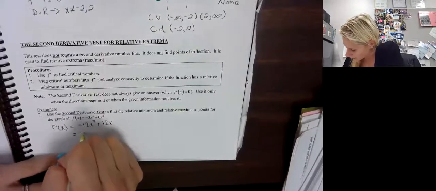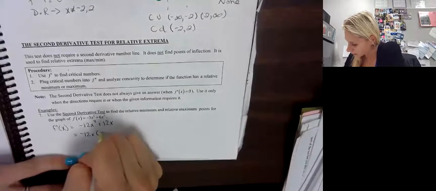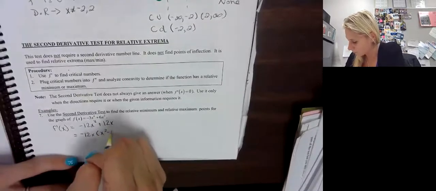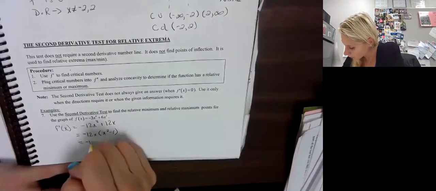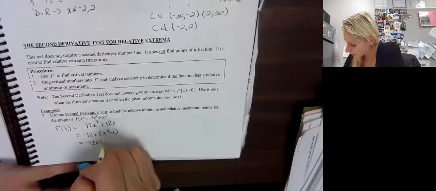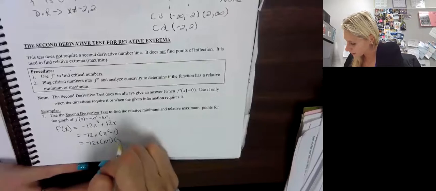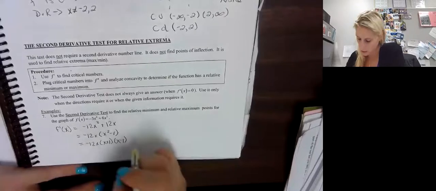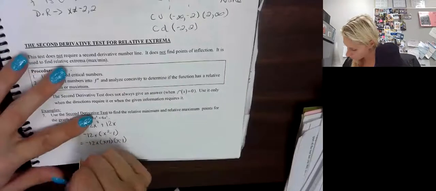So if I take out a -12x, I'm left with x squared minus 1. Don't stop there, because that's the difference of squares. So we get -12x times x plus 1 times x minus 1. So when is f prime 0?